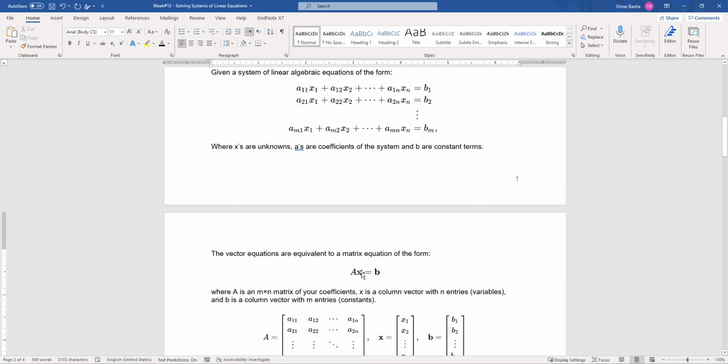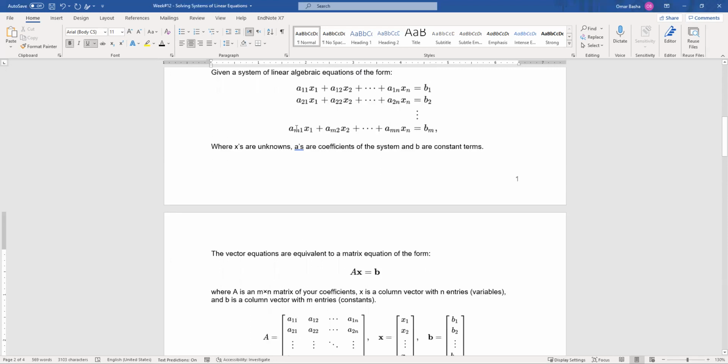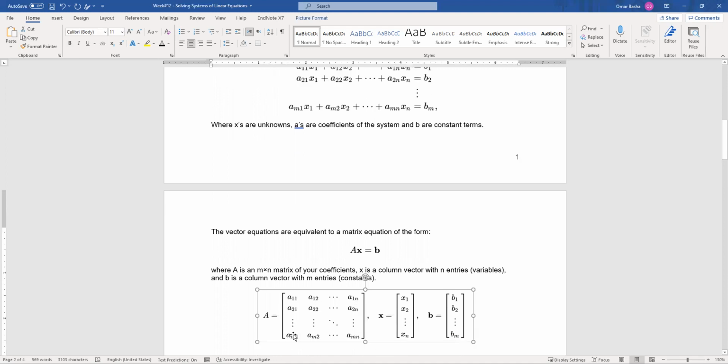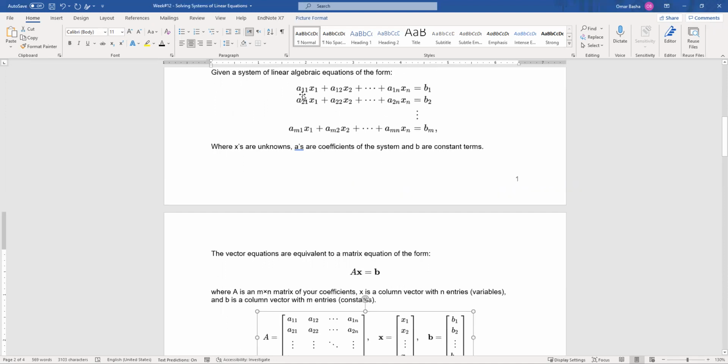This system of equations is equivalent to this matrix equation Ax equals b, where A is a matrix containing all the coefficients. So when you're writing A, you're only looking at the left-hand side of all of these equations: a11, a12, a1n, a21, a22, a2n, all the way to am1, am2, amn. This only contains the coefficients, right?